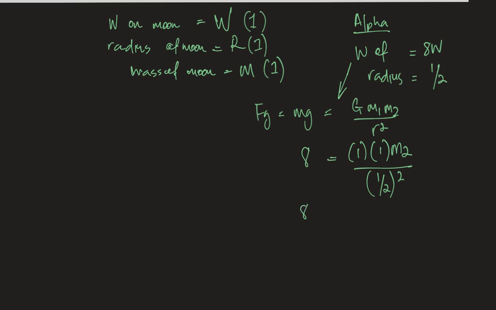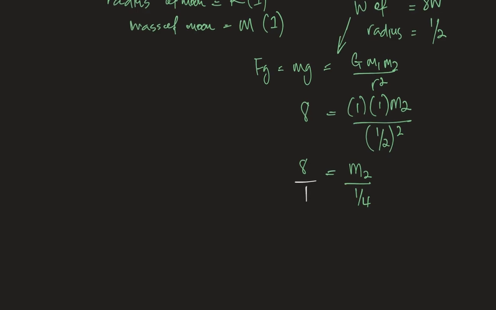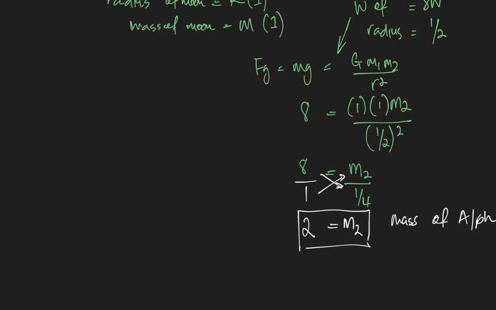We've got 8 is equal to m2 all over a half squared, which is a quarter. So now I've got 8 over 1 times m2. So I'm going to cross multiply, and I've got 8 multiplied by a quarter, which is equal to 2, and m2. So the mass of planet Alpha is 2.